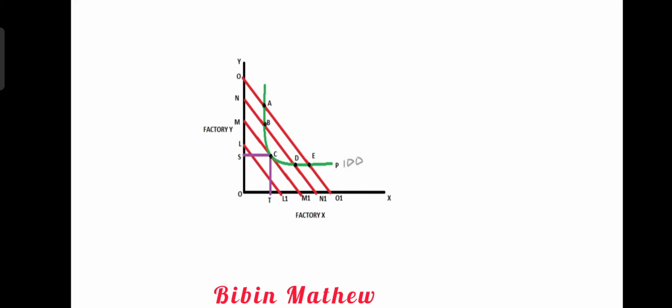What about the combination D? The combination D will give him 100 units at the same cost as that given by B, because they are on the same isocost line, NN1. So B and D are relatively better combinations than A and E. However, if the producer observes closely, he can see that the isoquant curve P goes below the isocost line NN1.